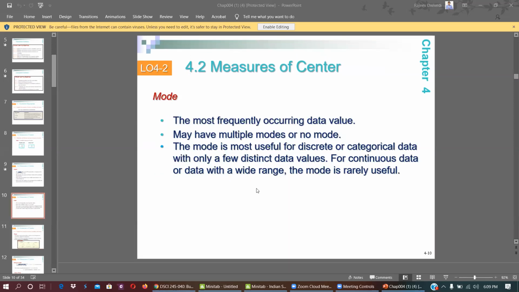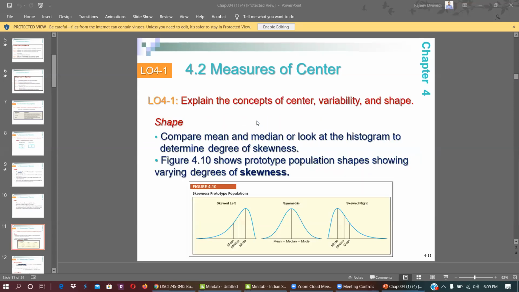Here, because these are all univariate, you are just going to deal with one variable at a time. Now look into this most important slide from the exam point of view also. When mean equals median equals mode, then you get the ideal, symmetric situation.